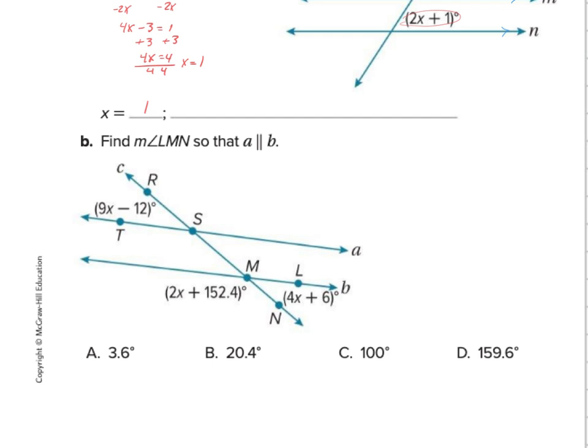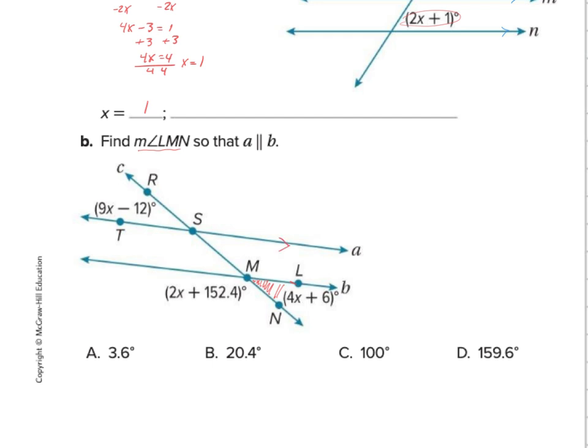Now, here it says find the measure of angle LMN. So we're looking for this measurement right here, this angle, so that A and B are parallel. Okay, A and B are parallel.